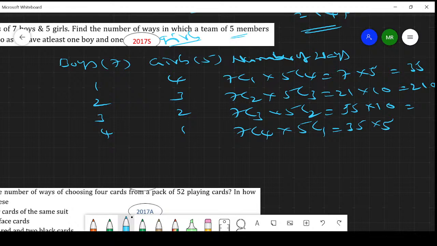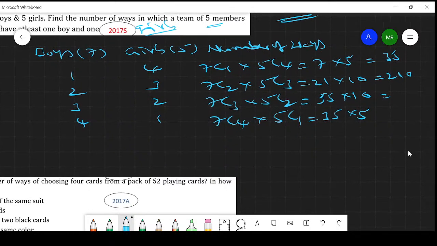Right? Because you have taken 7 boys and 7 girls, right? I checked. This is 350. And this one I can write 35 into 5, which is 175.